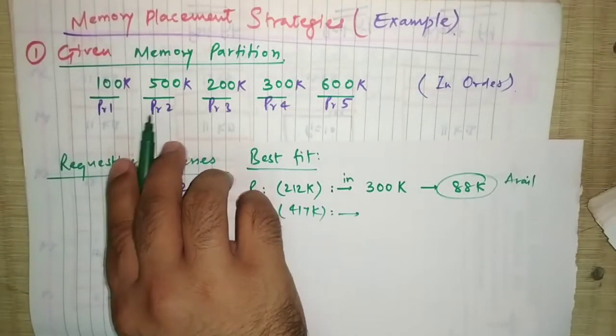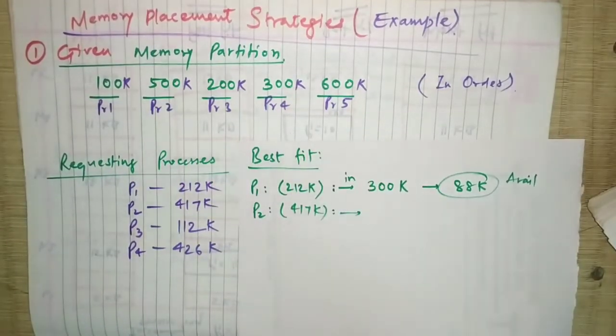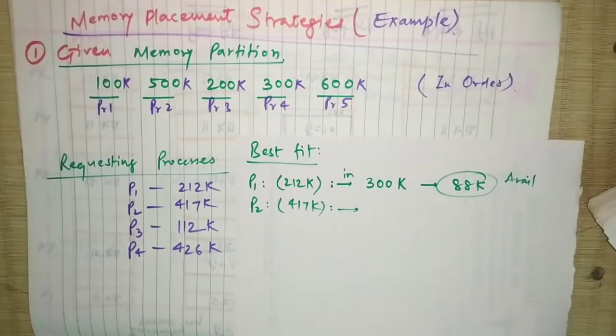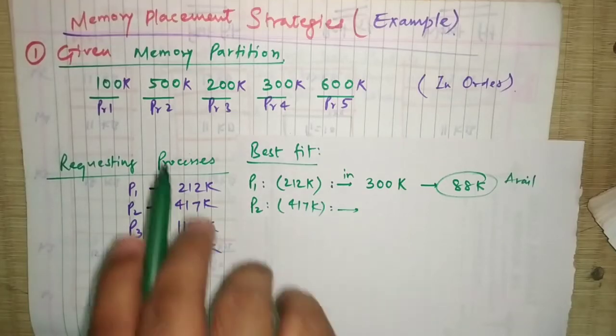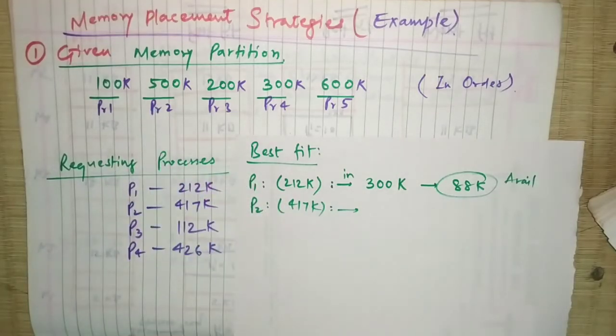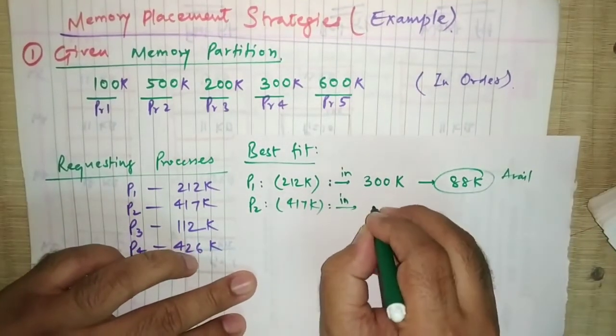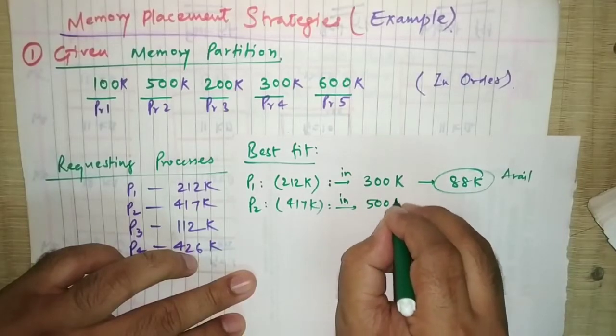So partition number 2 and partition number 5 are the two partitions in which process 2 can be accommodated. But out of both, the best is 500k, because in the 500k less memory will be wasted. So we will fit our P2 inside 500k.